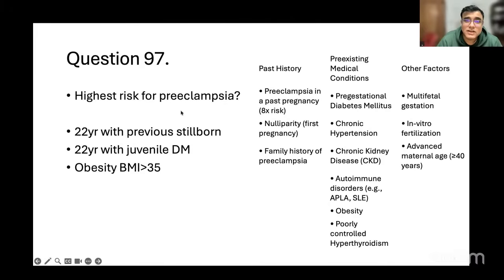There are multiple other risk factors for preeclampsia. I think the 22-year-old with previous stillborn would become the correct answer there, because that stillbirth could have been due to preeclampsia, considering you are thinking it is probably preeclampsia in the previous pregnancy.